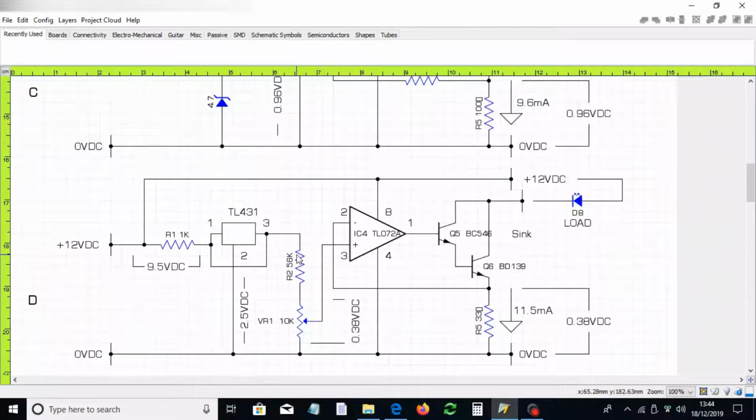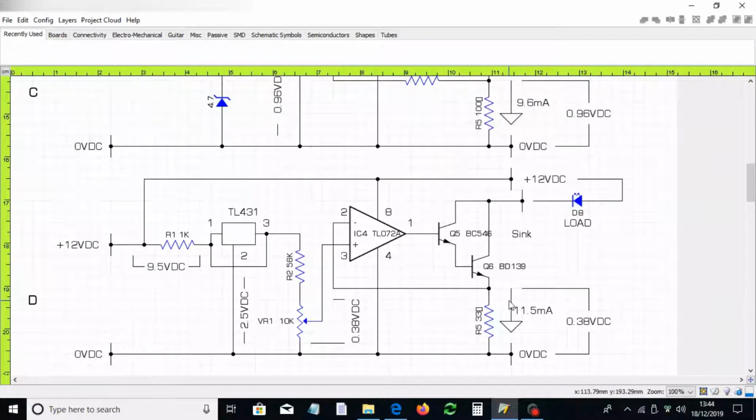I don't know whether you've noticed here on this circuit D, but I've changed from 100 ohms down to 33 ohms. That means for 0.33 of a volt, you would be placing 10 milliamps as an output current on this sink circuit here.